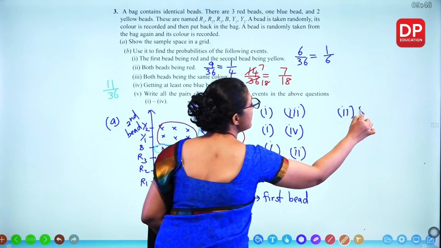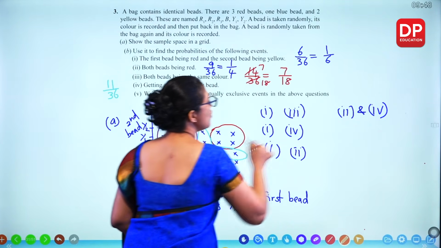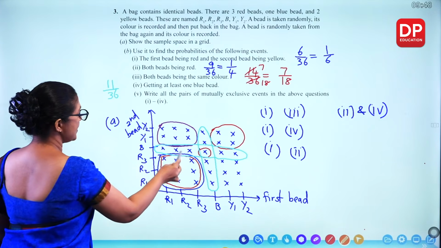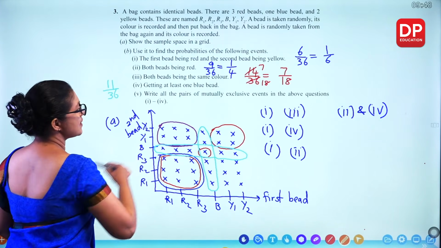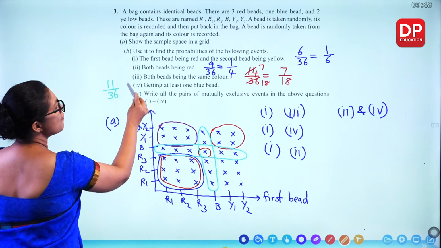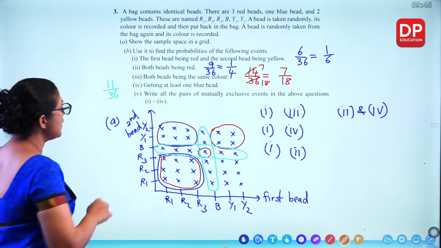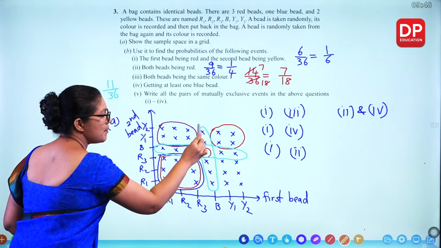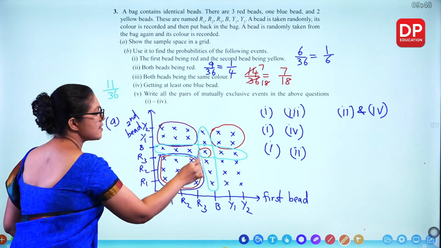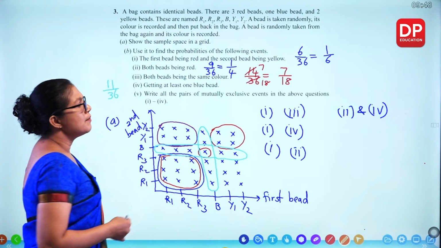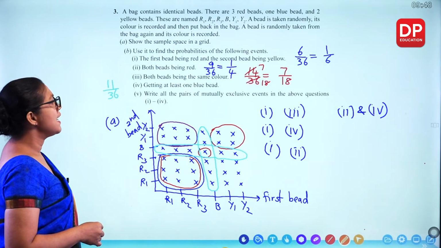Second one and fourth one mutually exclusive. And then third and fourth. Third and fourth means orange color with blue one. Orange color with blue one, not mutually exclusive because this element is common. So these are the mutually exclusive events.